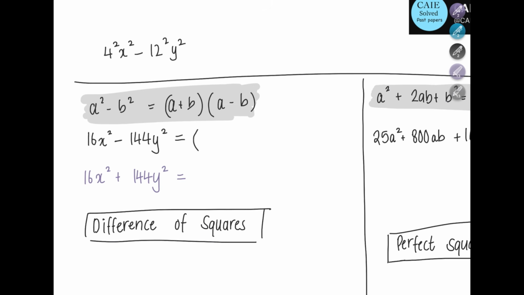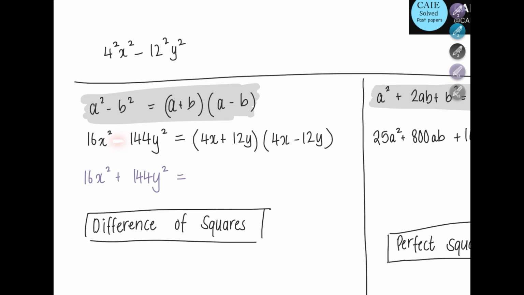You will write 4x, that is a, plus 12y, and then 4x minus 12y. That is the difference of squares. Remember, if there is a plus between them, you cannot do this.